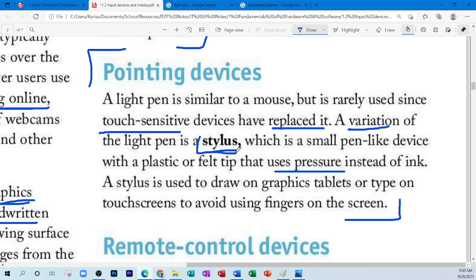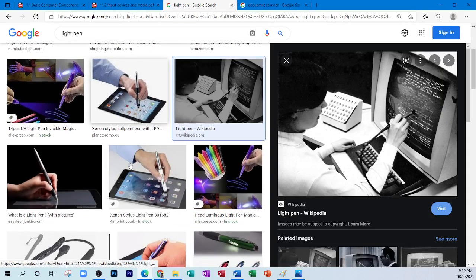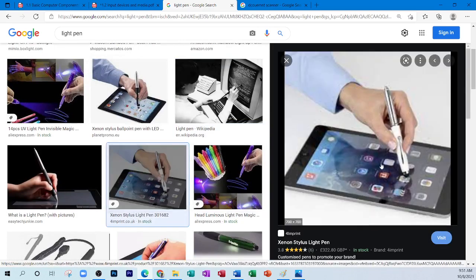But a variation of it is our stylus, because even though we have touch sensitive devices like our touch screen, we still use our finger. We use our fingers to touch the screen, but using our finger can be a bit annoying at times, and using a pen sometimes comes more naturally to us.